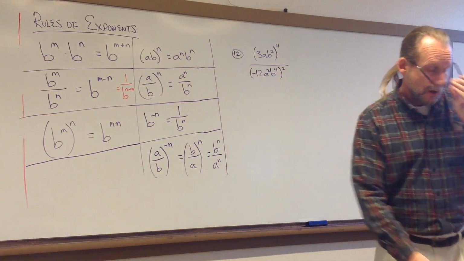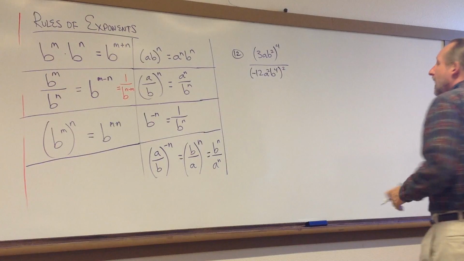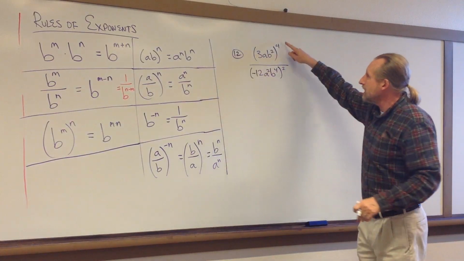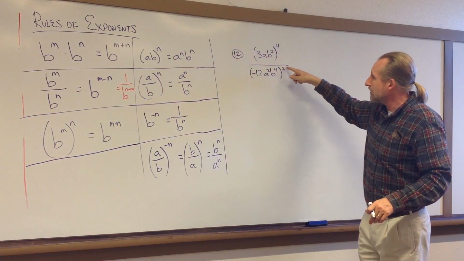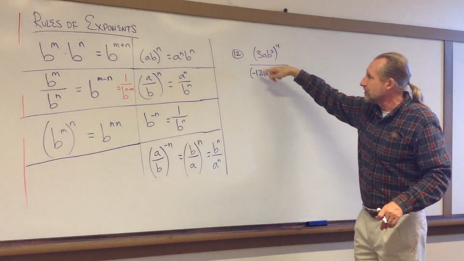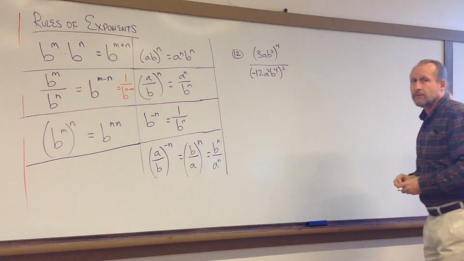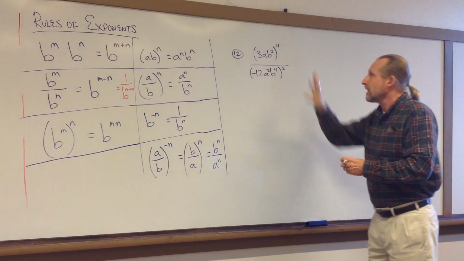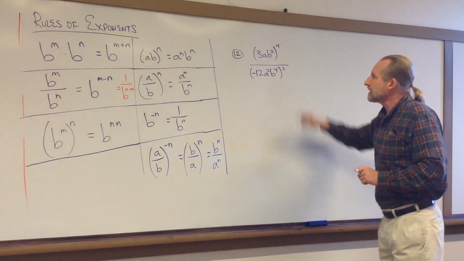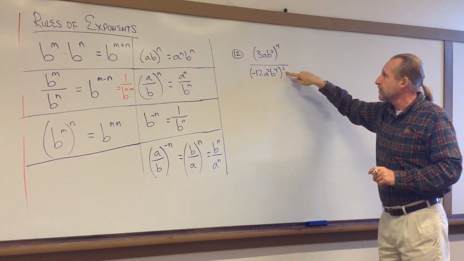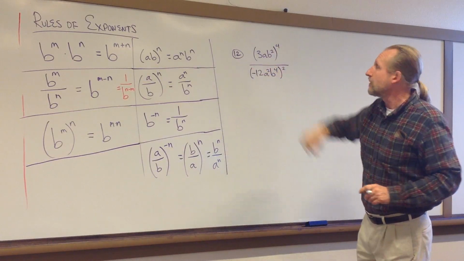Okay, so when it comes to the order of operations, you really need to apply these outside exponents. You can't just go and try to cancel the 3 with the 12 right away, okay? They're stuck inside those parentheses, and you've got to apply these exponents first before you look to do any canceling.